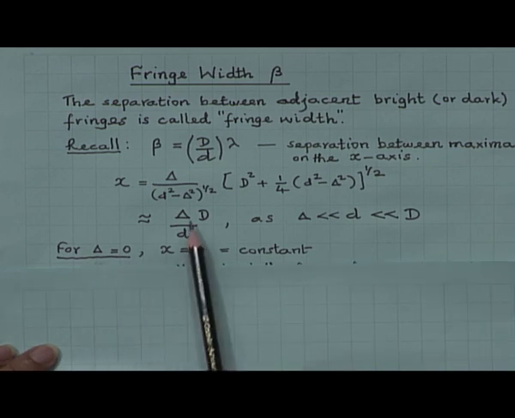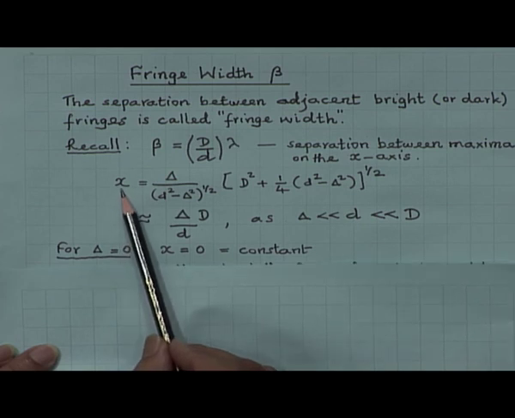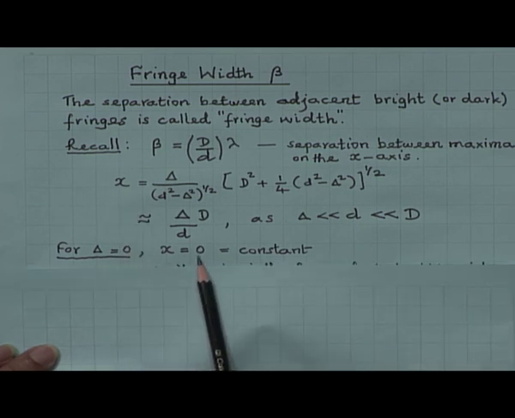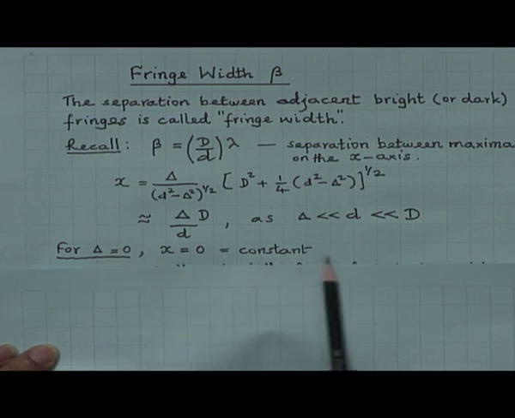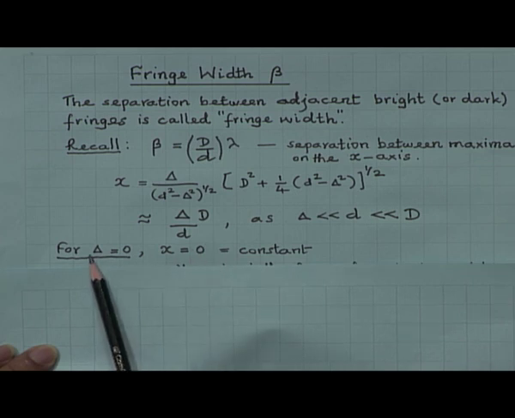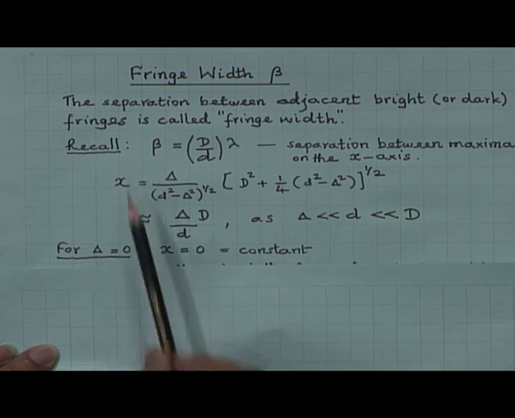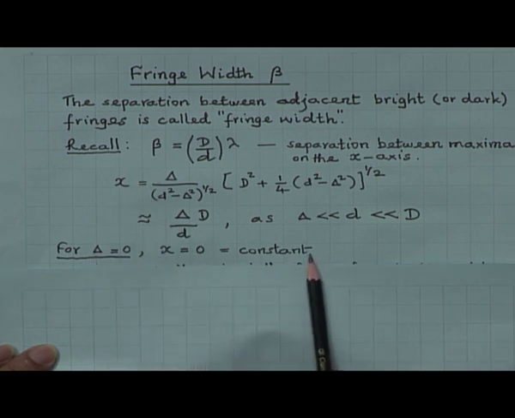For delta equal to 0, that is zero path difference, we get the position x equal to 0, which is a constant. x equal to constant gives us the fringes. The constant in this case is 0. For delta equal to 0, x equals 0.